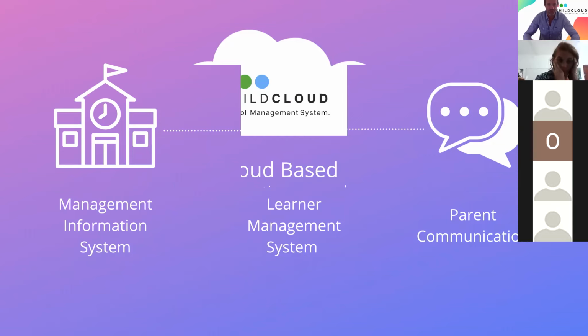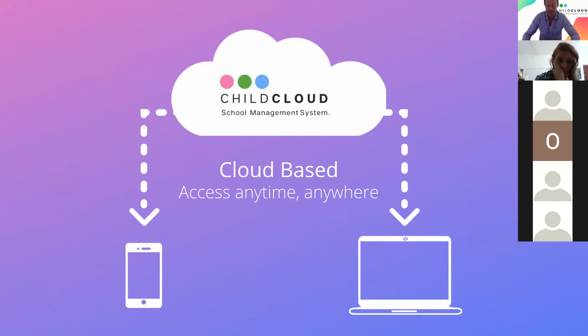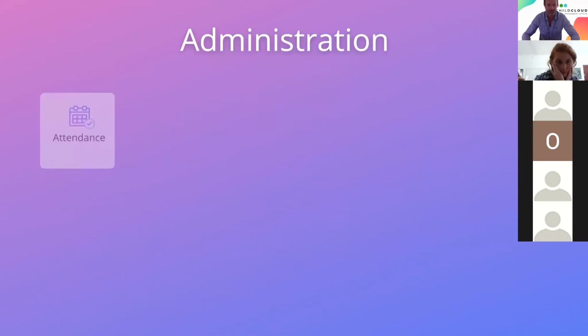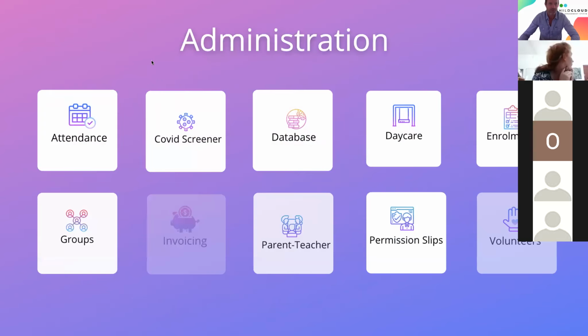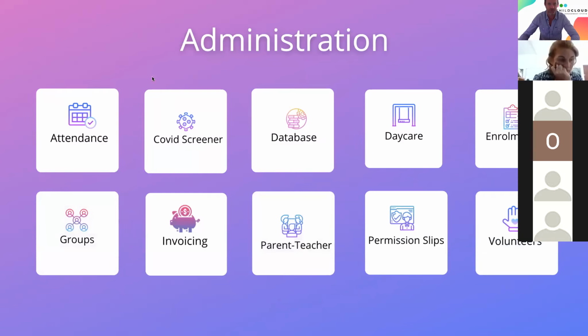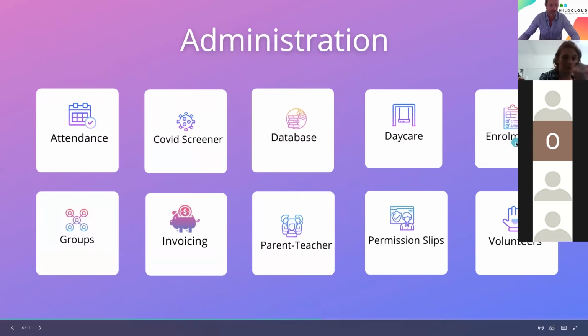Then there's 3 core sections that we have on ChildCloud. Sorry, first of all, it's cloud-based, accessible anytime, anywhere, from any device. This is the administration modules that we have on board. We've got the attendance module, COVID screener, the database, and the daycare module. All of your school's enrollment forms can happen through the system, and then you can waitlist them or move them to a classroom.